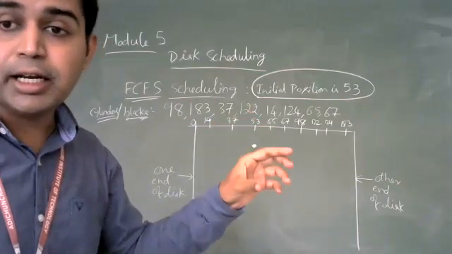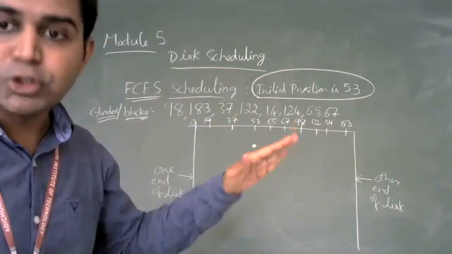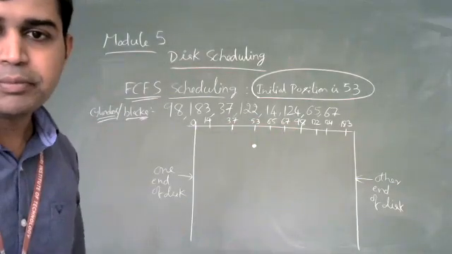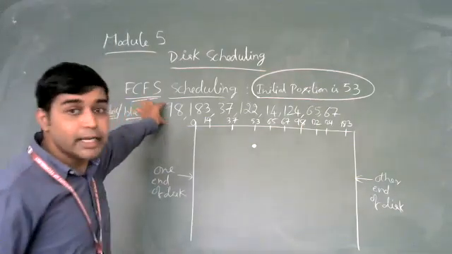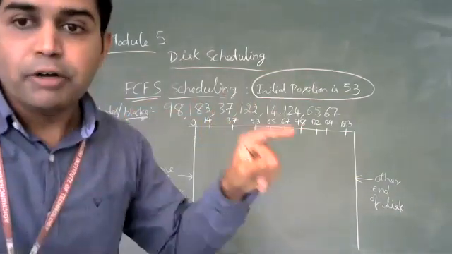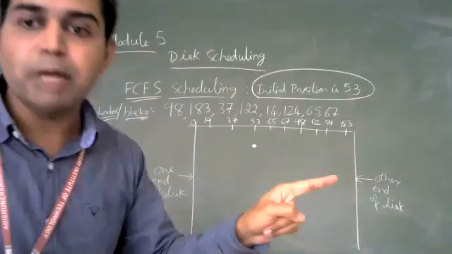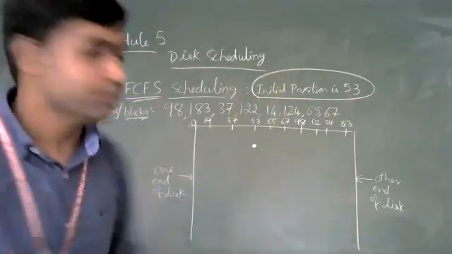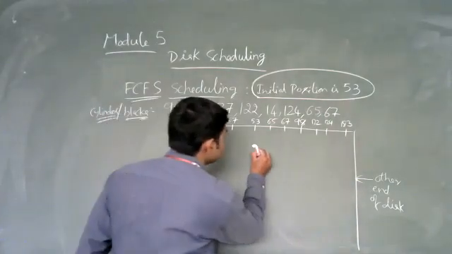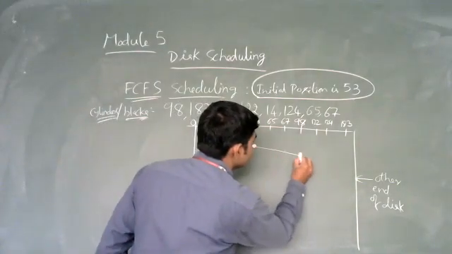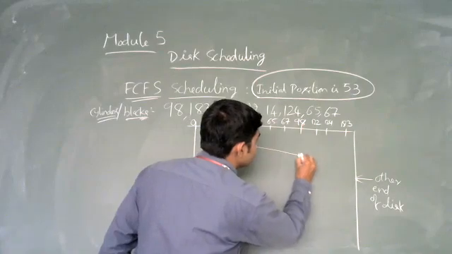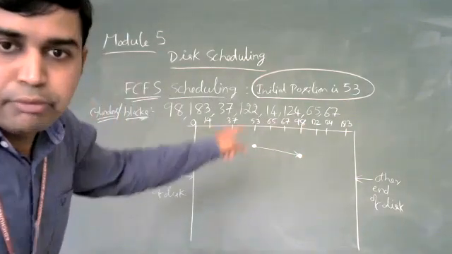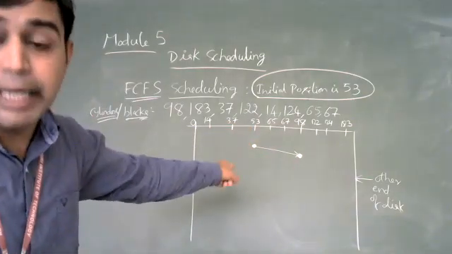FCFS means the read-write pointer has to move to the first cylinder in your given problem. Which is the first cylinder number given here? 98. So from 53 you make a move to 98. Can you see? From 53, I have moved to 98.